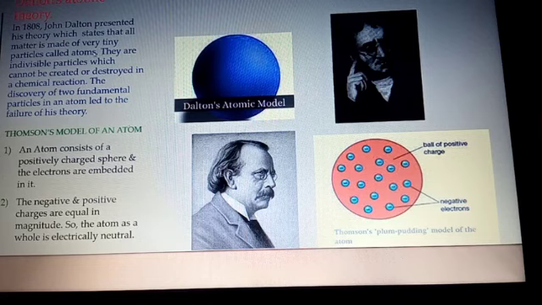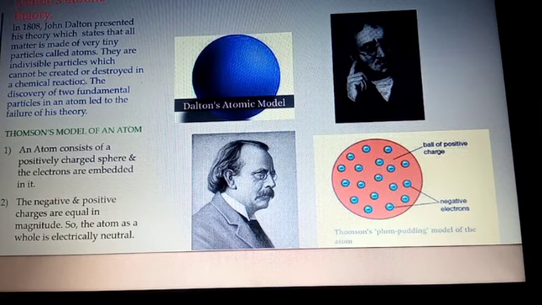John Dalton said that all matter is made up of very tiny particles called atoms, and these particles are indivisible, meaning they cannot be divided further. Very small particles, which cannot be created or destroyed in a chemical reaction.